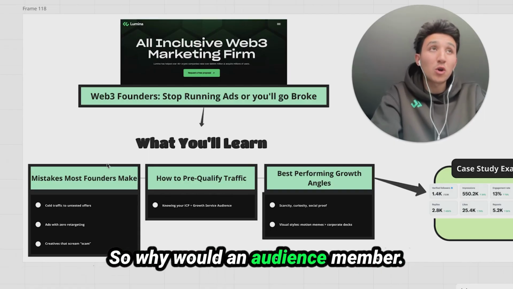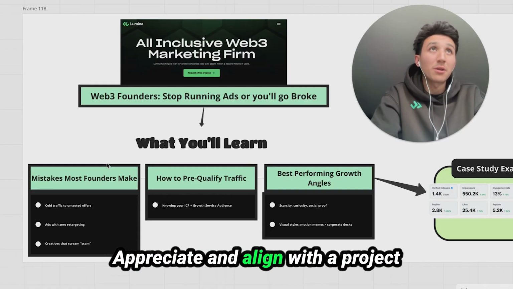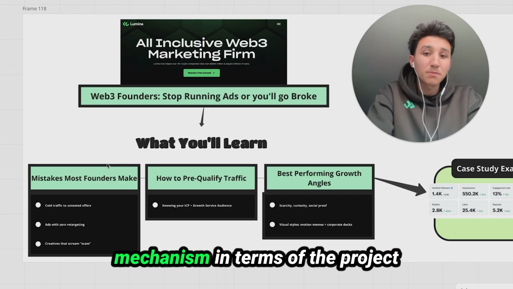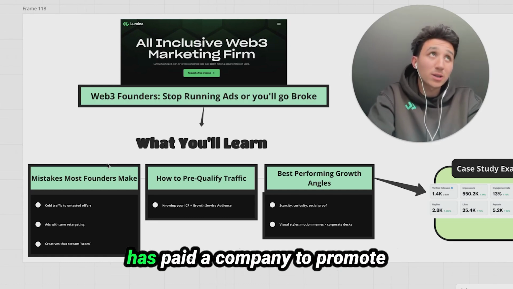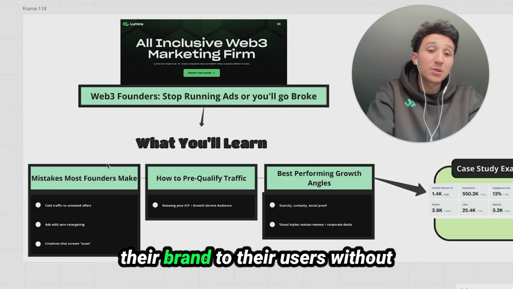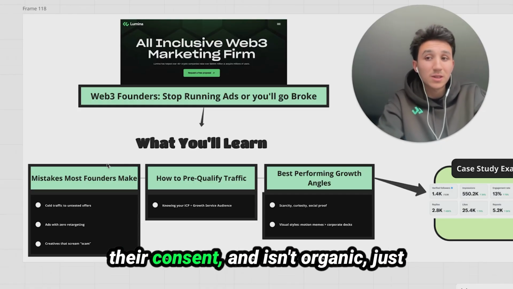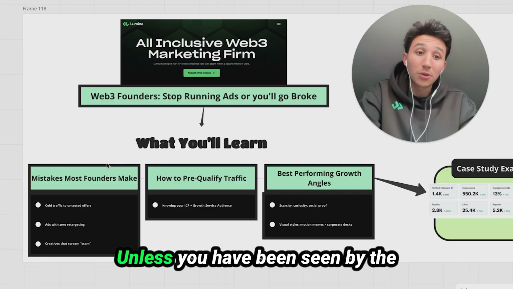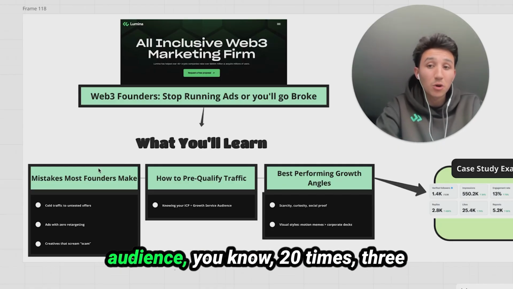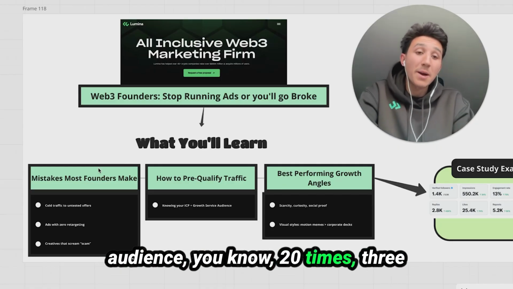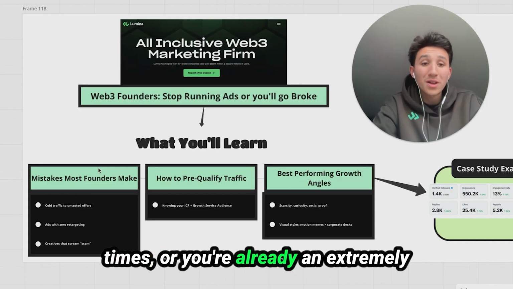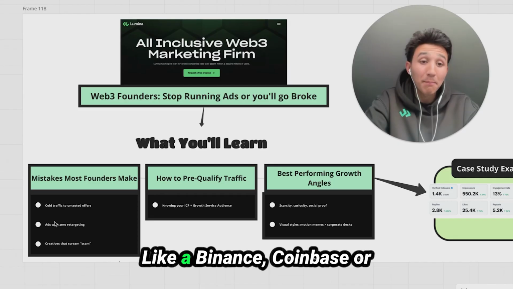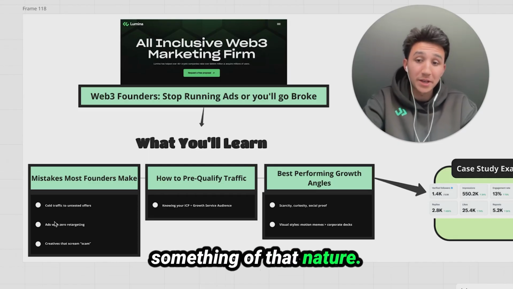So why would an audience member appreciate and align with a project they've seen through a centralized mechanism, in terms of the project having paid a company to promote their brand to their users without their consent, and it isn't organic? It just doesn't align with that ethos at all, unless you have been seen by the audience 20 times, 30 times, or you're already an extremely established builder in the space, like a Binance, Coinbase, or something of that nature.